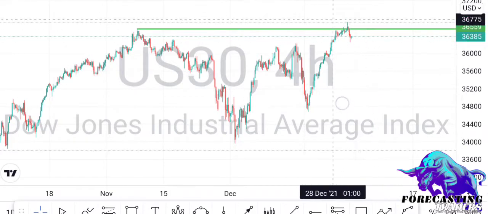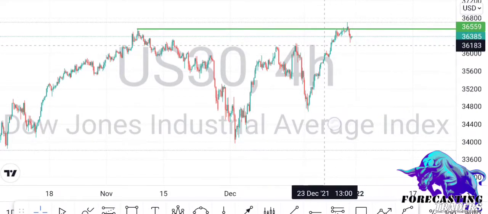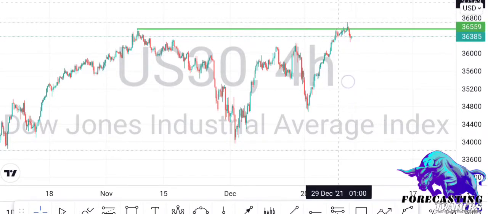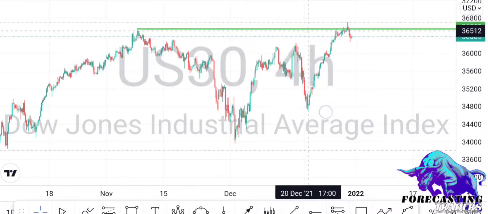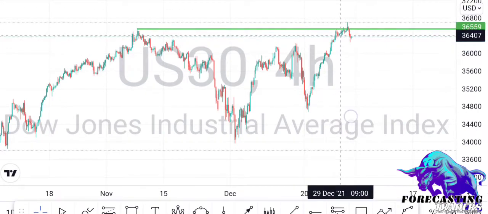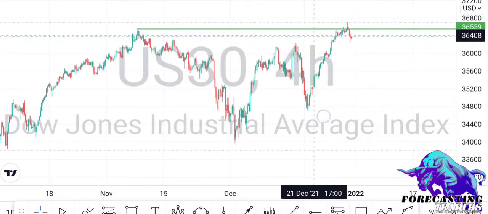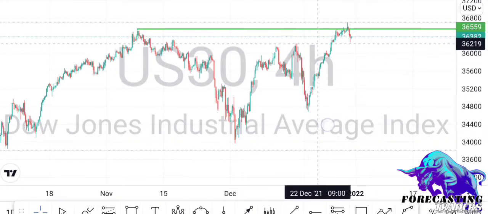This one, we can say it did break out, as we can see, and then it came back. So I'm not using it for now as a higher high, because if I use it as a higher high, it might deceive me.